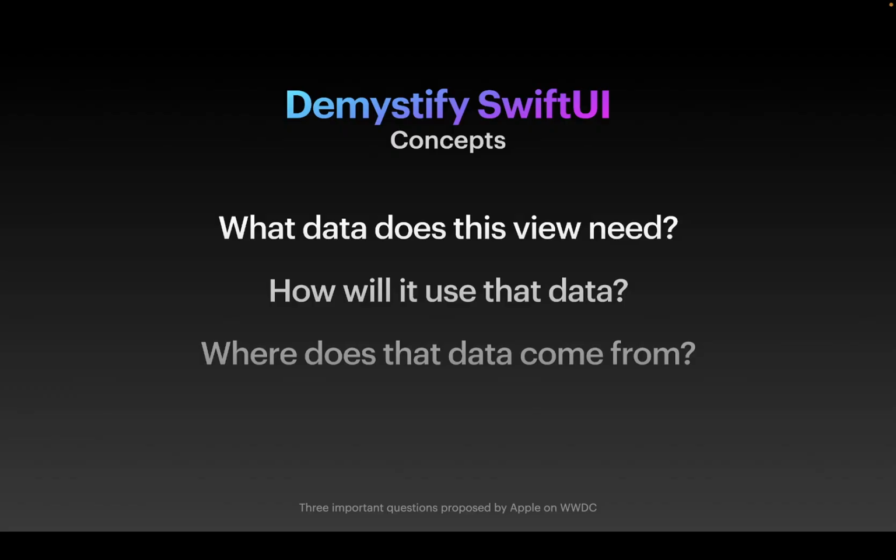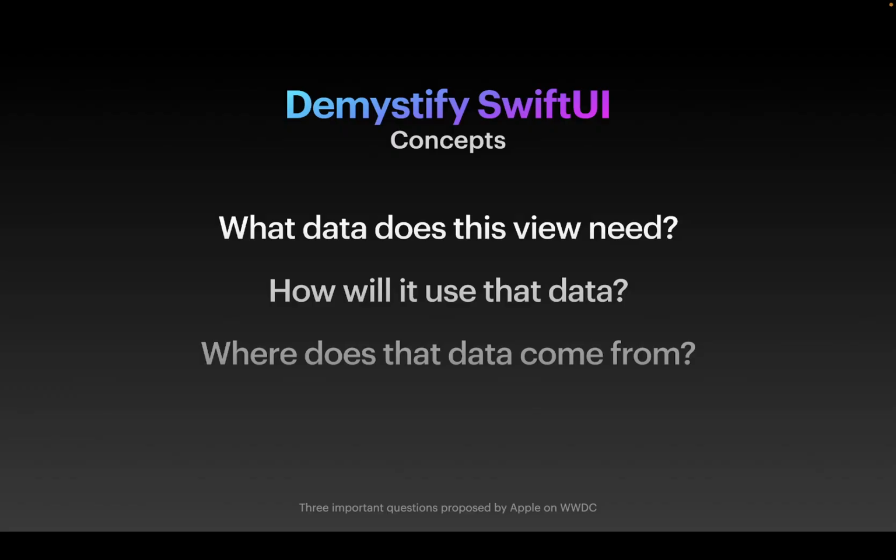So, the user may change the data by interacting with the view, like clicking on a button or something like that, okay? And how are you actually going to present this data? Because you may want to do some calculation on the data before you display it to users, okay?